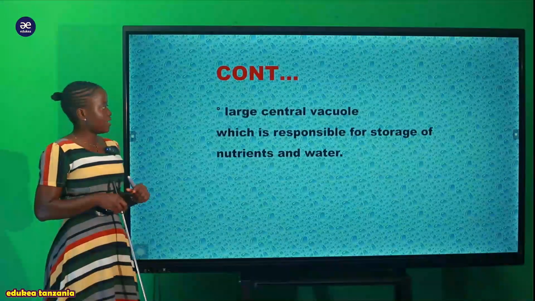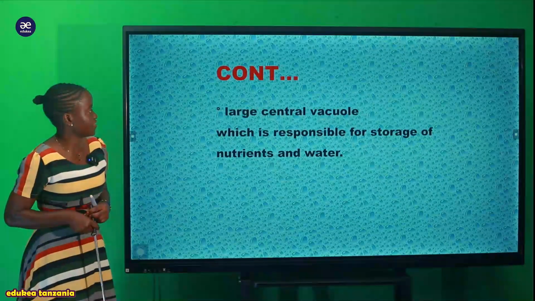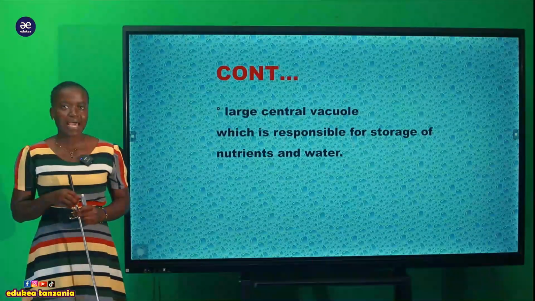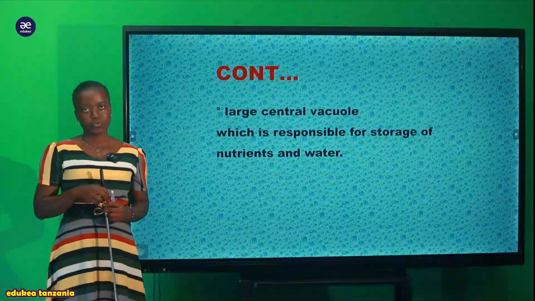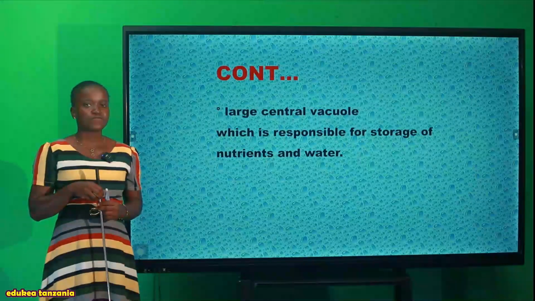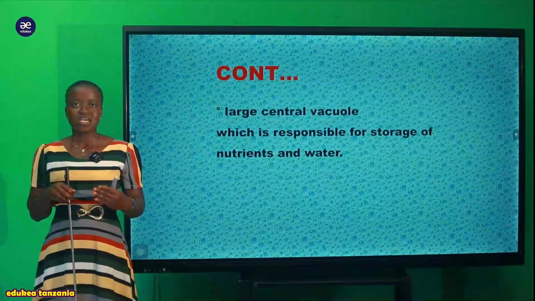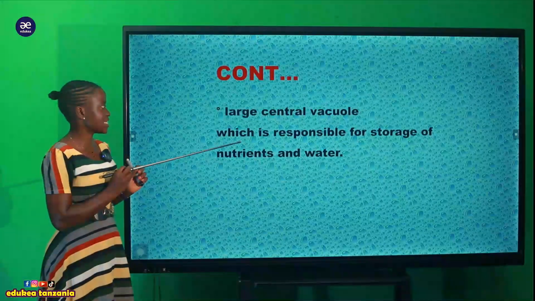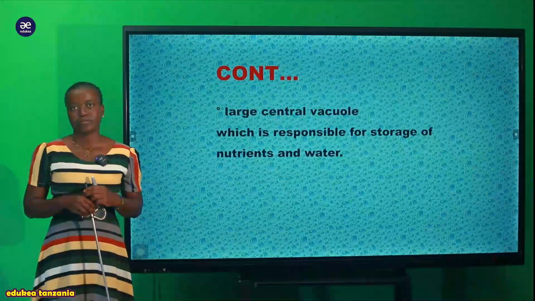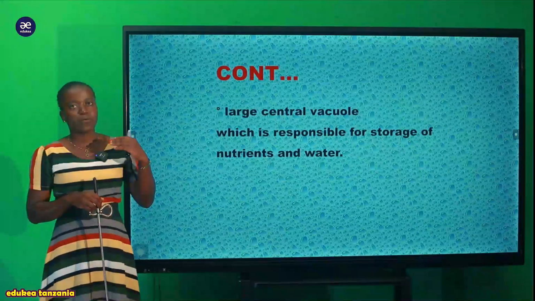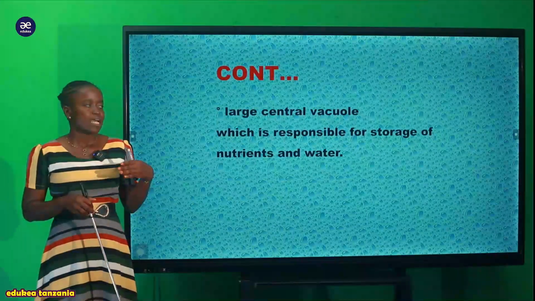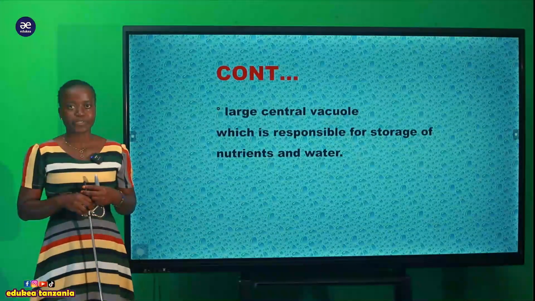But also we have another thing called the large central vacuole. We are going to see that it is well observed in the plant cell. So what is the function of this large central vacuole?